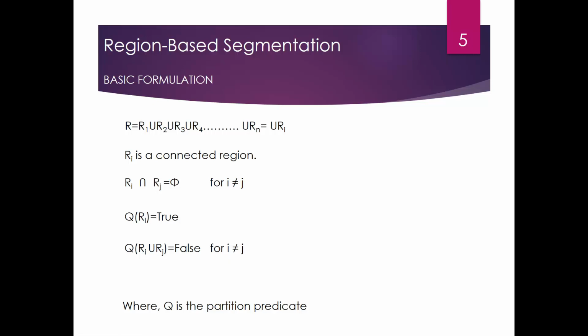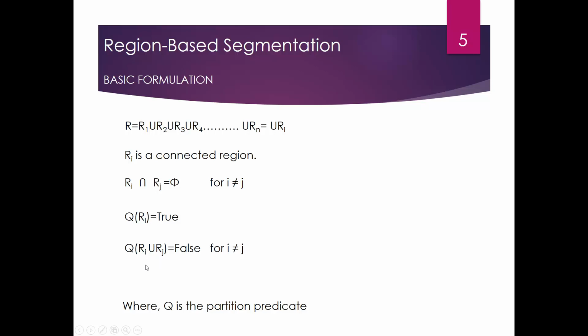This means that if we define a predicate for the points belonging to a particular region, then the predicate must be true for all the points belonging to that region, and it is not true for other regions. So the predicate of the union of Ri and Rj must be false.